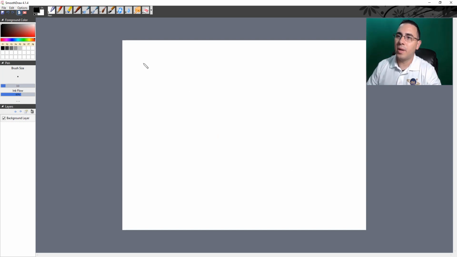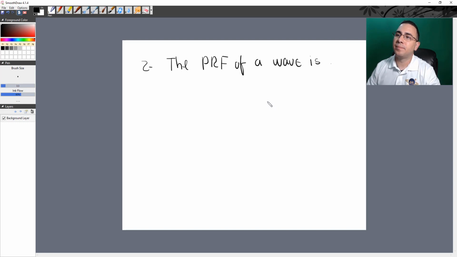Okay, now the question says the following. The pulse repetition frequency of a wave is, let's say, 14 kilohertz. Which Doppler shift results in aliasing?